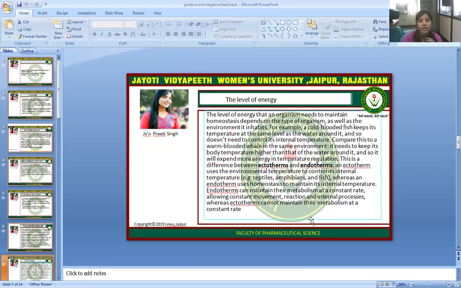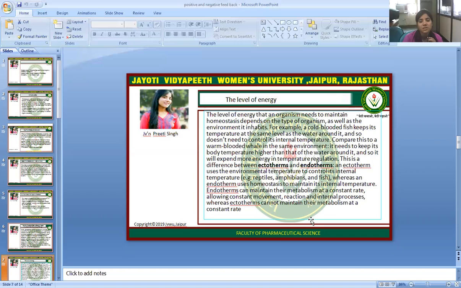The level of energy that an organism needs to maintain homeostasis depends on the type of organism as well as the environment it inhabits. For example, a cold-blooded fish keeps its temperature at the same level as the water around it, and so doesn't need to control its internal temperature.